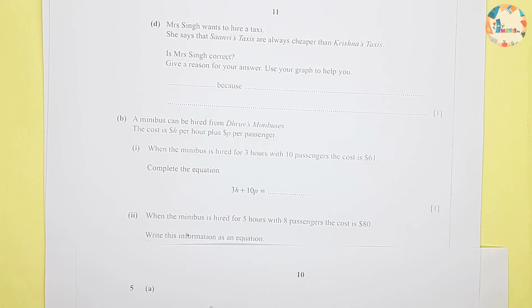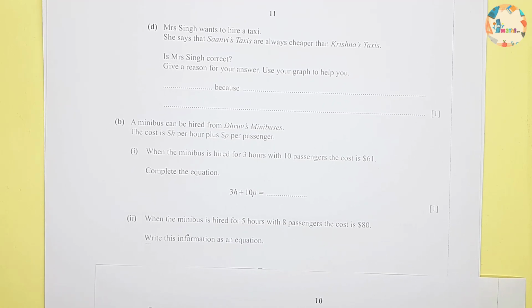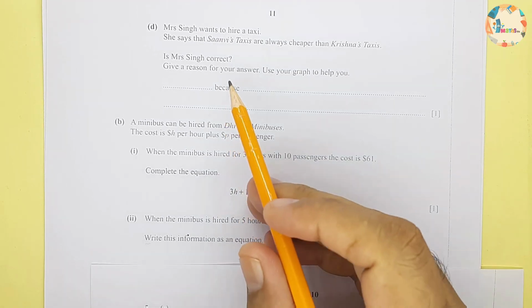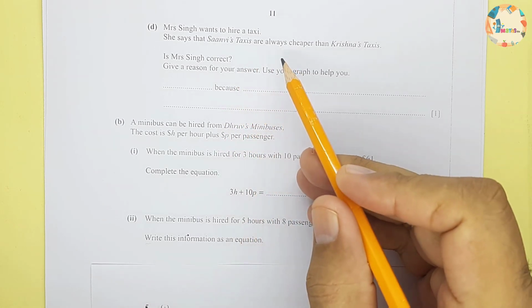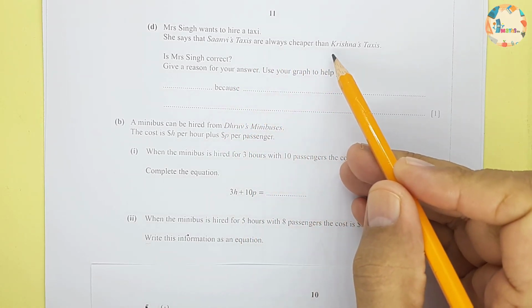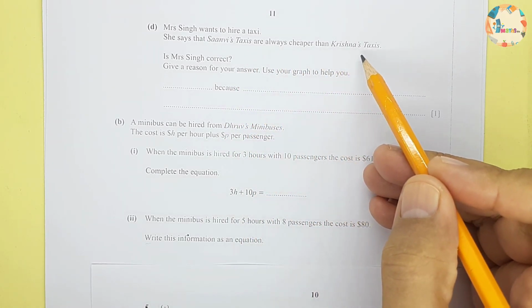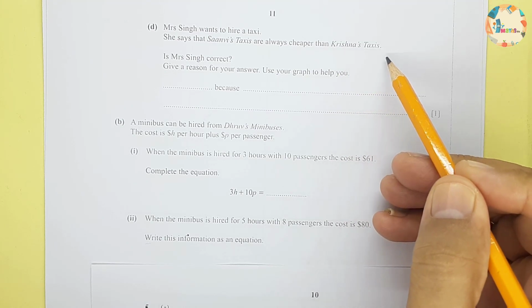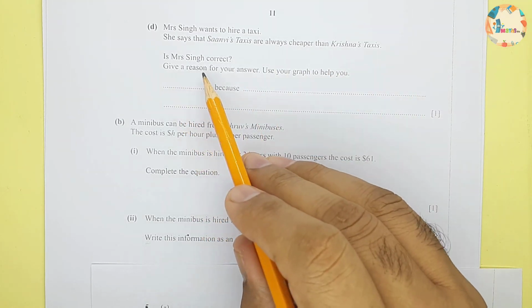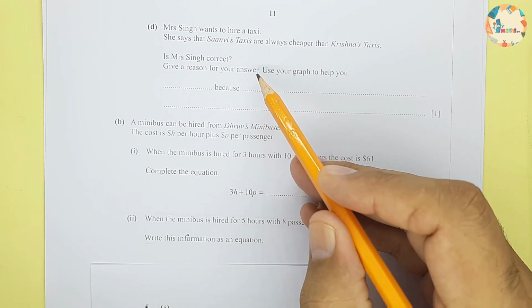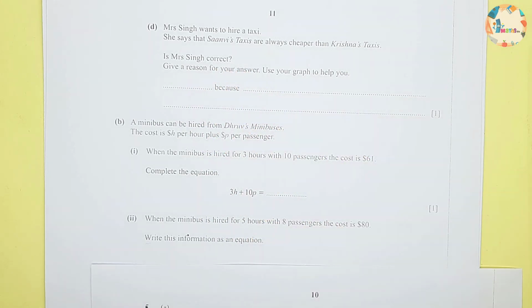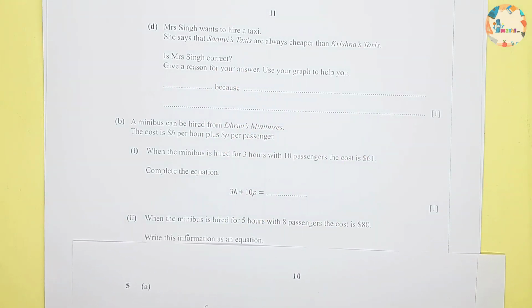Next part. Mrs. Singh wants to hire a taxi. She says that Sanvi's taxis are always cheaper than Krishna's taxis. Is Mrs. Singh correct? Give a reason for your answer. Use your graph to help you.